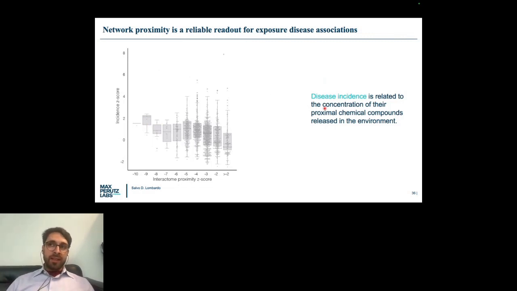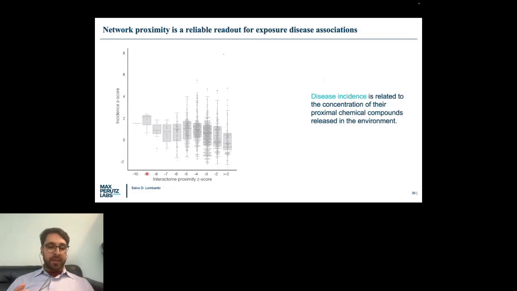We looked at their incidence, and then we computed a z-score of incidence compared to the worldwide incidence distribution. And in this case, the higher this z-score is, the more represented that disease is in that particular country, while the smaller the proximity z-score is, the closer, molecularly, so on a molecular level, the disease and the chemical exposure are related to each other.